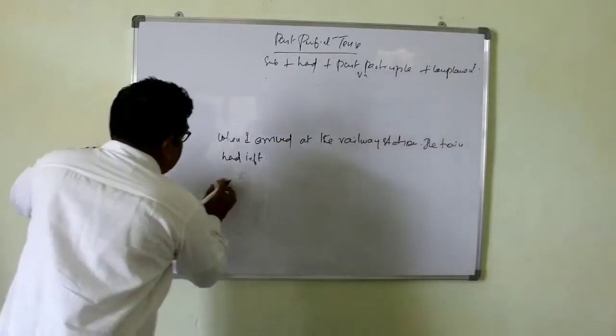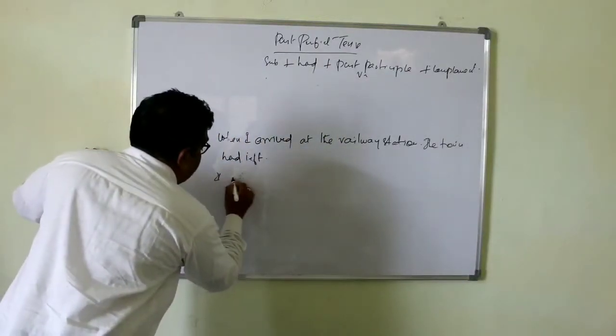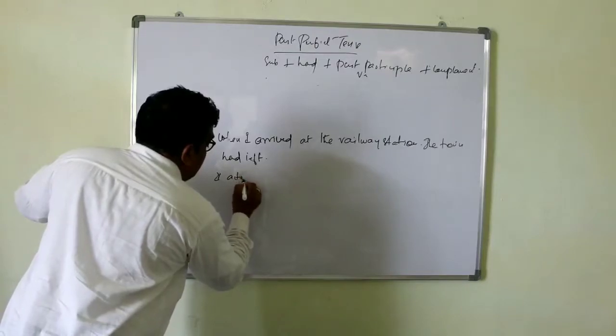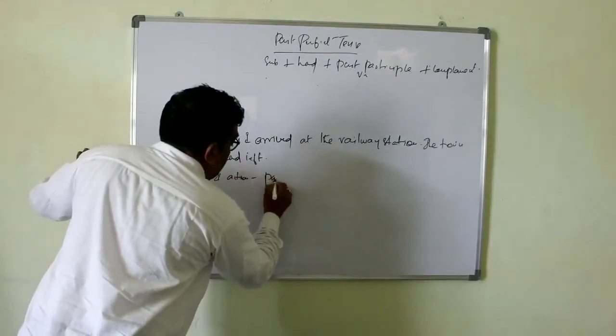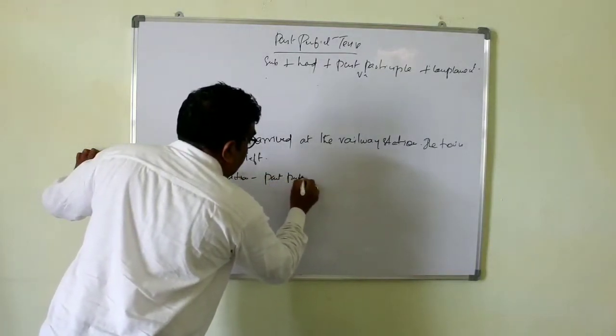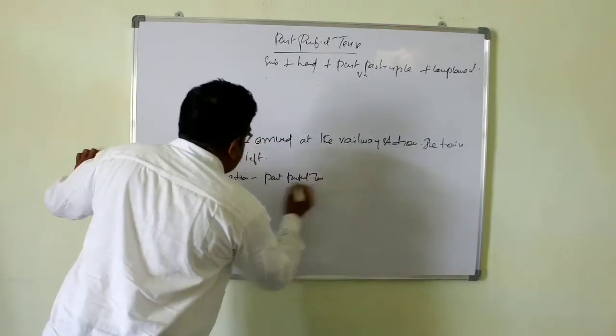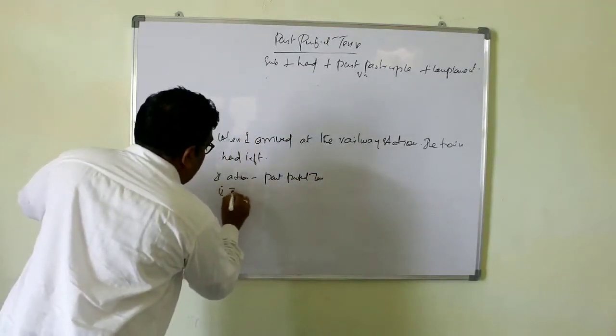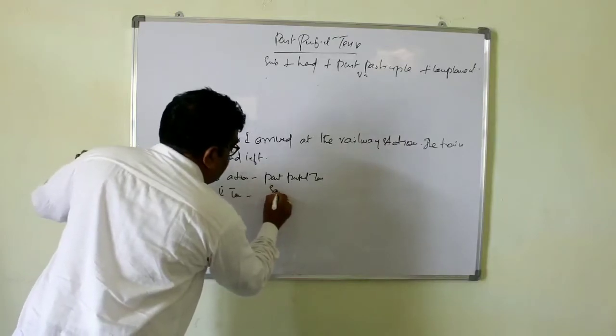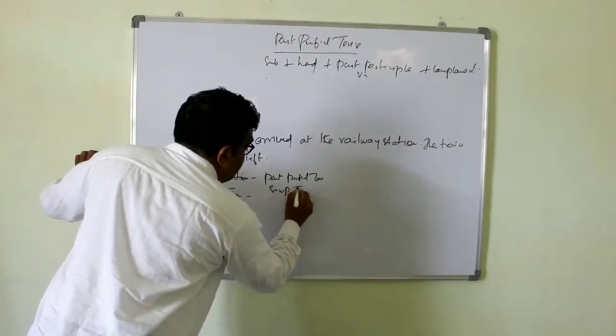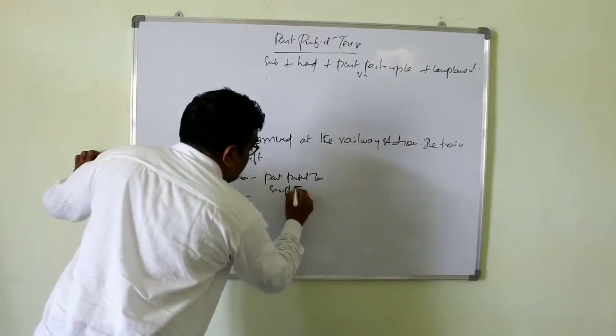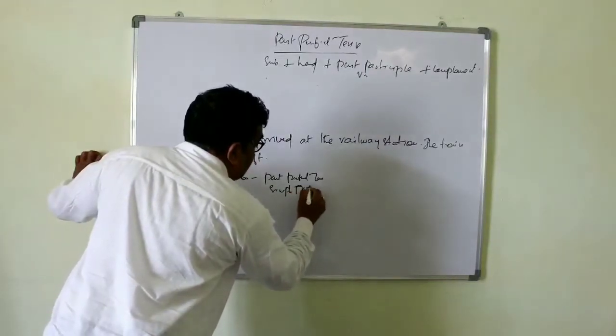Here, the first action is denoted by past perfect tense, whereas the second action is denoted by simple past tense.